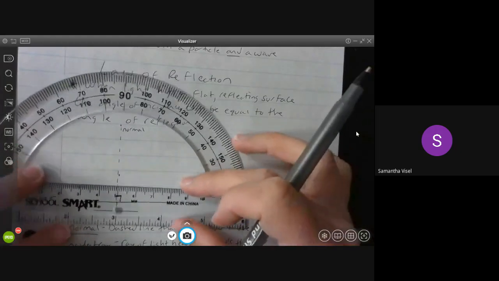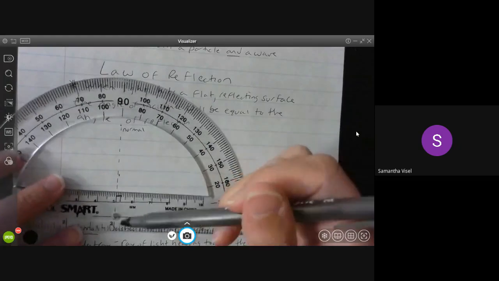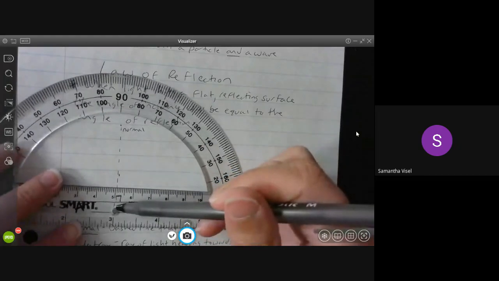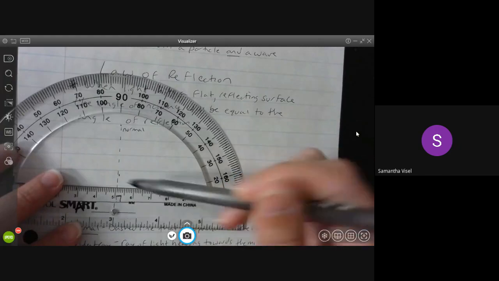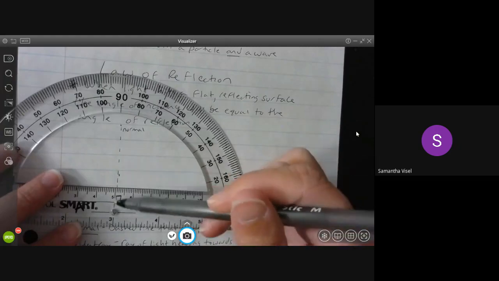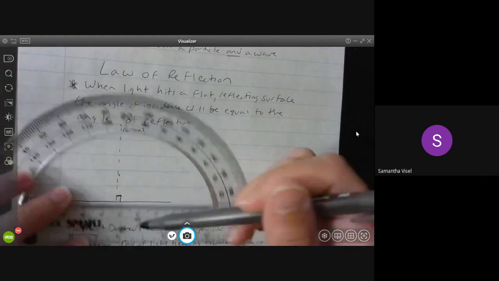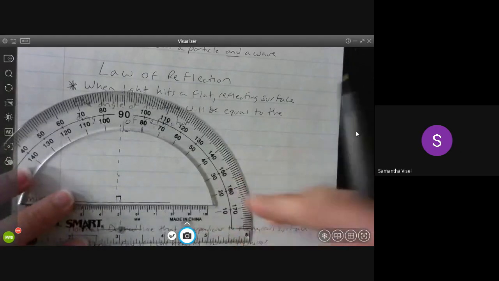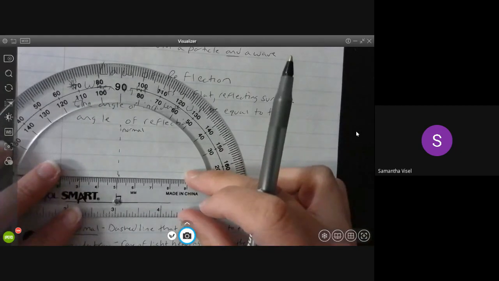So I have my normal line that is vertical. I'm going to line that up with the vertical line over here in the center diagram. This is like my centering, leveling line. So I'm going to line this vertical line up with the line coming from that dot. And then I'm going to line these horizontal lines with my mirror surface so that I am nice and centered and leveled here.